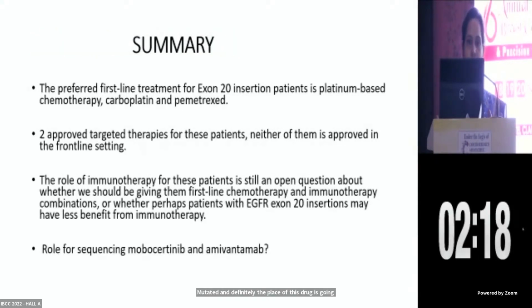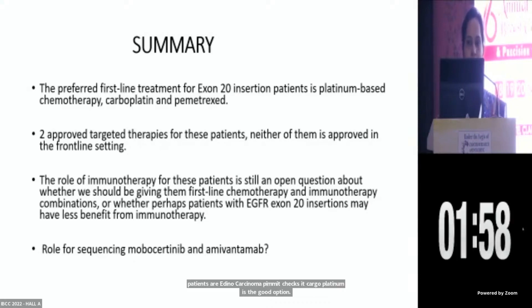To summarize, the preferred first line treatment for exon 20 insertion as of now remains chemotherapy. You can choose the backbone of chemotherapy depending on the histology. Since the majority of patients are adenocarcinoma, pemetrexed carboplatin is a good option. Neither of the approved targeted therapies for these patients is approved in the frontline setting.